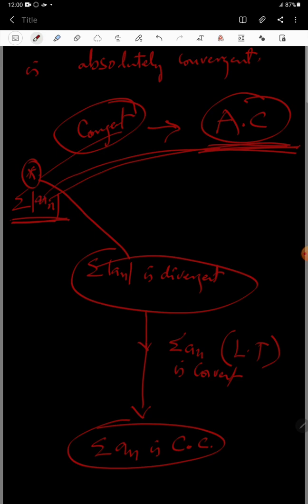So sigma mod an has come convergent, therefore it is absolutely convergent. If sigma mod an comes as divergent, at that time we have to do some extra work by using Leibniz test. We have to prove that it is convergent, and then we have to declare that it is conditionally convergent. Let us do this problem now.